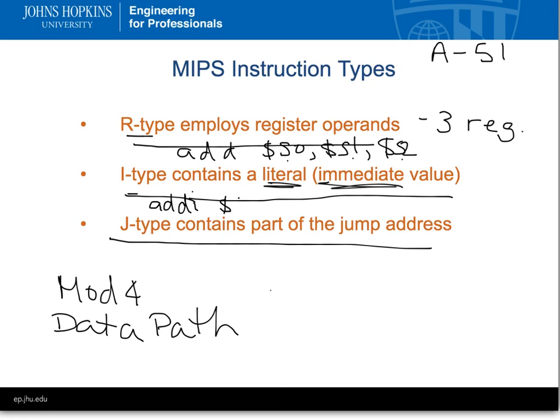So we're going to say here, add the hexadecimal value 11 to the value in S1 and put it in S0. This field in the instruction is 16 bits, so you're adding a 16-bit number to the 32-bit number in S1 and putting it in S0.